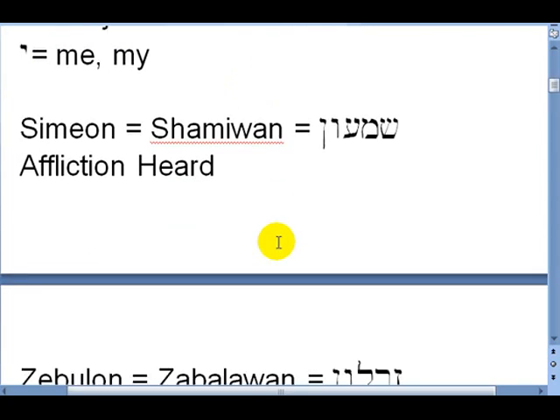Alright, and for you brothers out there that really want to get into why each tribe was named the way it was named, you should go back and read, I believe it's Genesis the 29th chapter and Genesis the 30th chapter, which gives you most of the tribes and the reason why they were called what they were called.